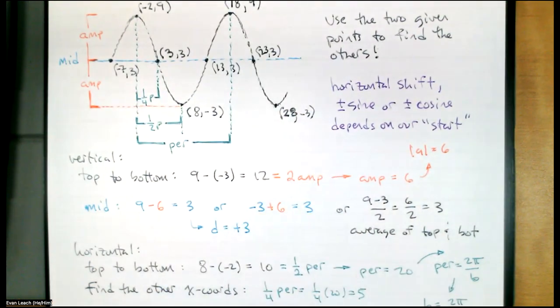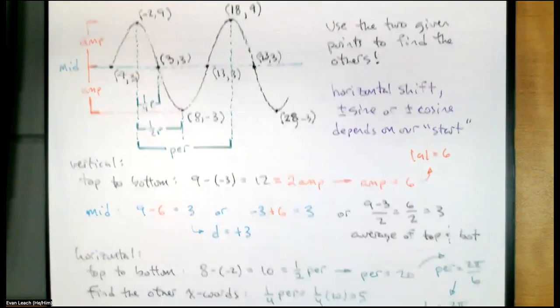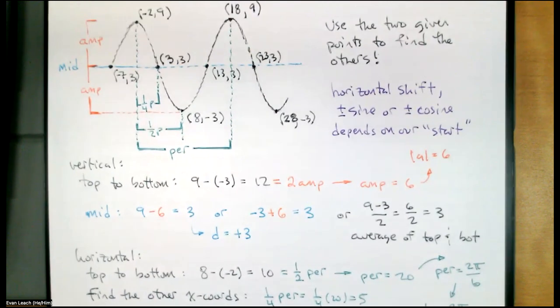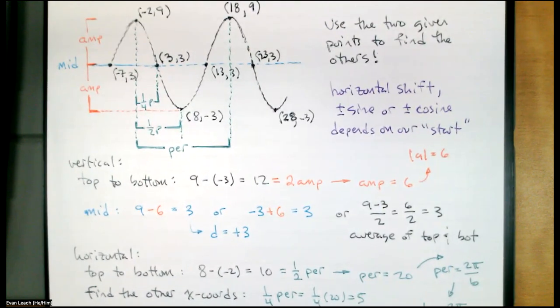It fits the description. So just based on those 2 points and understanding how we know these points to be distributed, we can get all these other points.